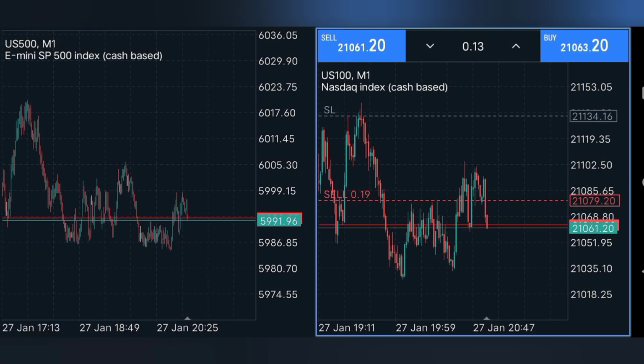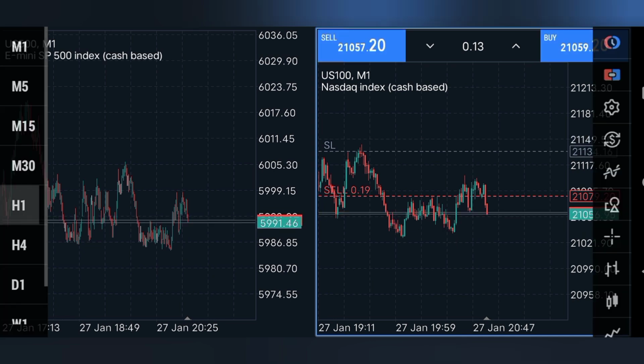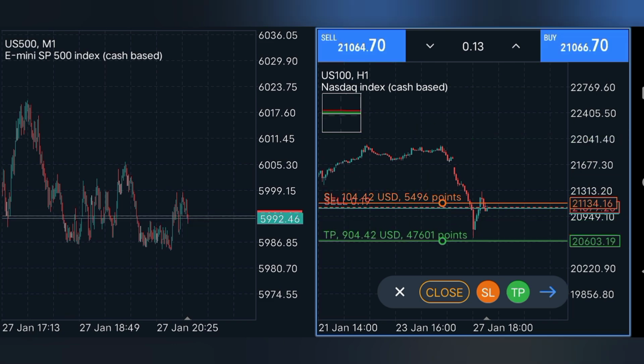Now, with this little move to the downside, I was able to break even on the initial trade entry, allowing me just one entry for this trade idea.